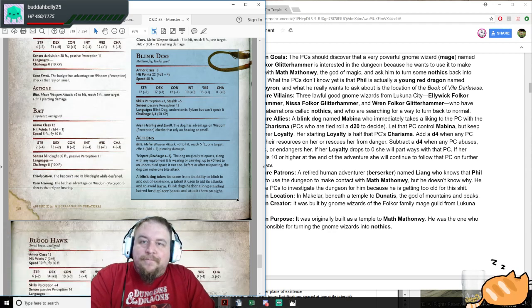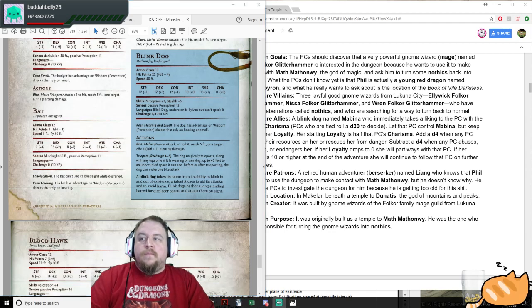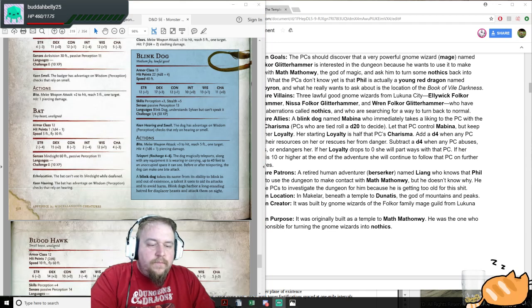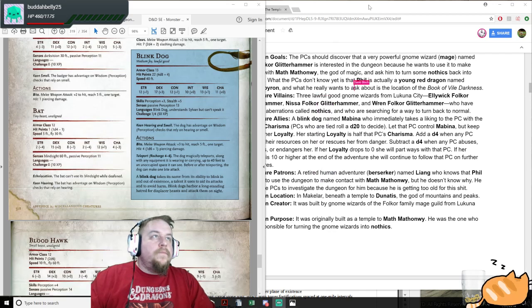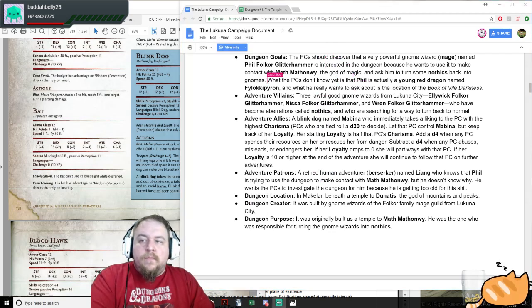Well, in this scenario specifically, I have not tied any information into rolls. All of this information is given to the players organically, except for the goals for Phil, which PCs don't know and should not know, even if they roll really high.